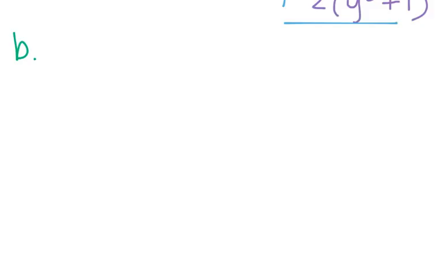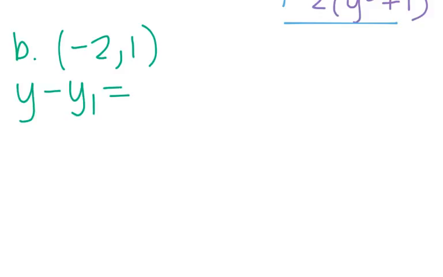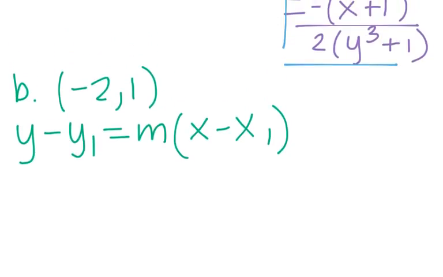Part B asks us to find the tangent line at negative 2, 1. So in order to do that, the equation to find the tangent line is y minus y1 equals m times x minus x1. We need to first find the slope, and in order to do that, we have to plug it back into this equation.